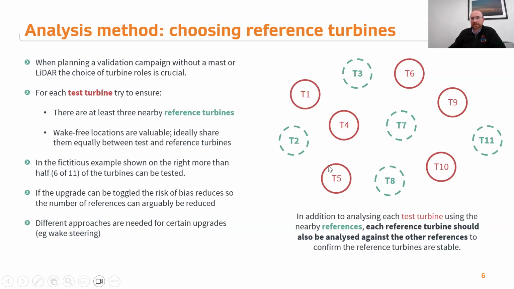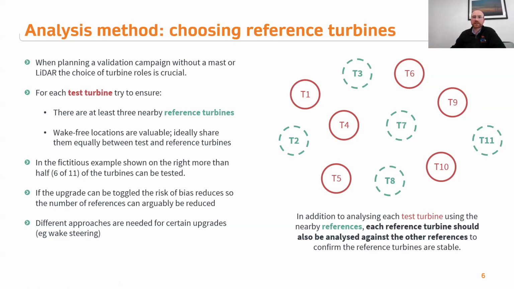So if you follow these guidelines, here's an 11 turbine wind farm. You can generally upgrade about half of the turbines for the validation campaign. And then, of course, if the campaign goes well, then you upgrade the rest of them at the end. And of course, if you can toggle the upgrade, the risk of bias reduces.